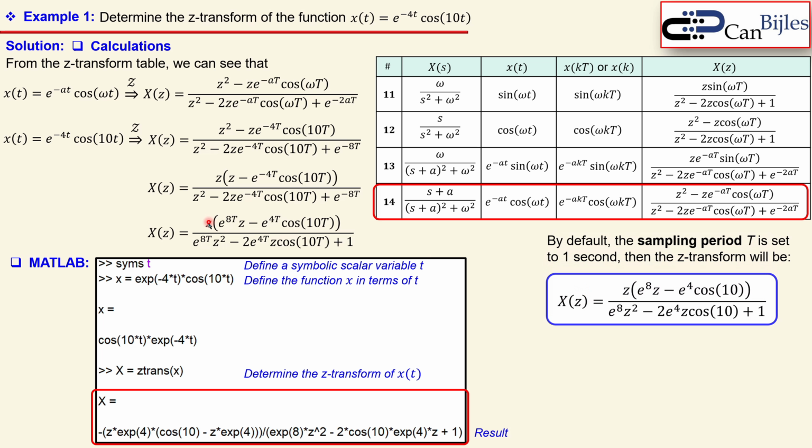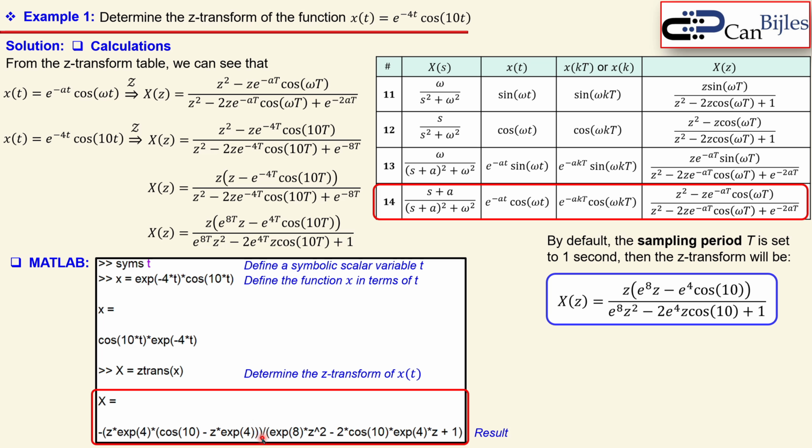So in our case, I want to compare this with that one, because this is given not in math print, just one row. I would like to see that this is indeed correct. So what do you see? Now, we have this. Now we have also z times, and z here is actually also multiplied by e to the power 4, because it's e to the power 4, and then times cosine 10 minus z e to the power 4, and then parentheses.